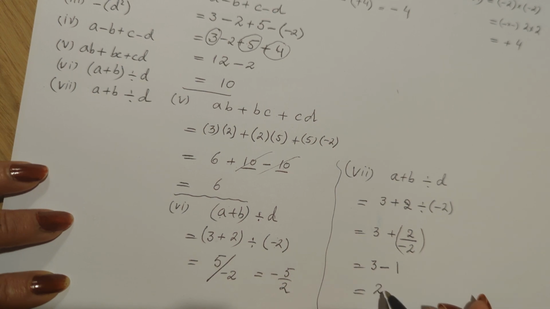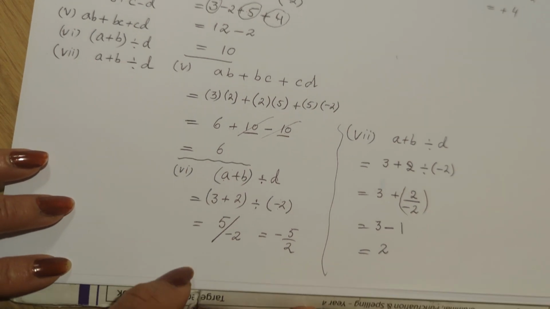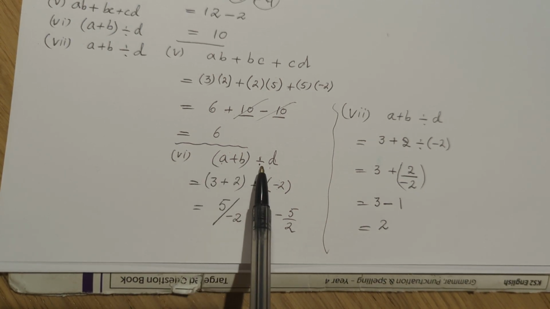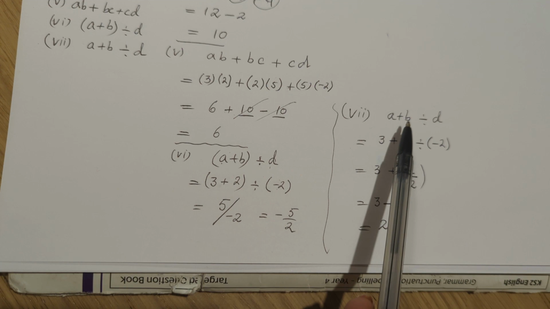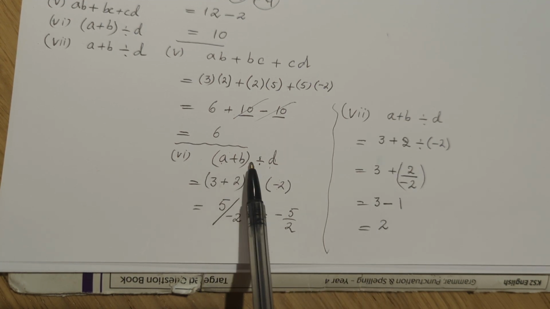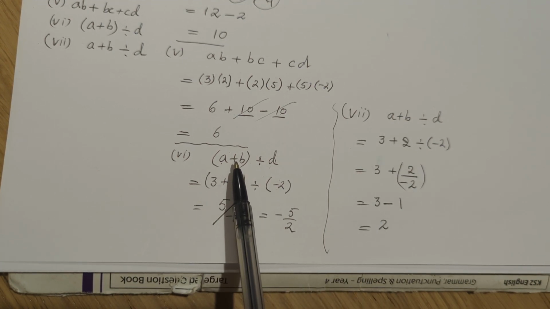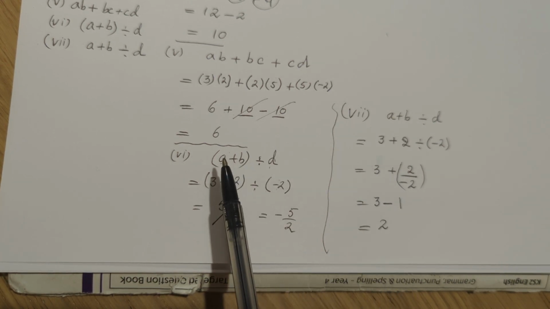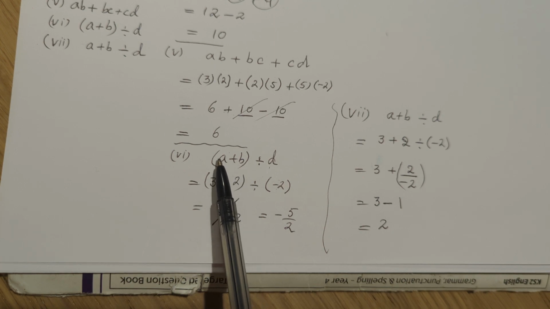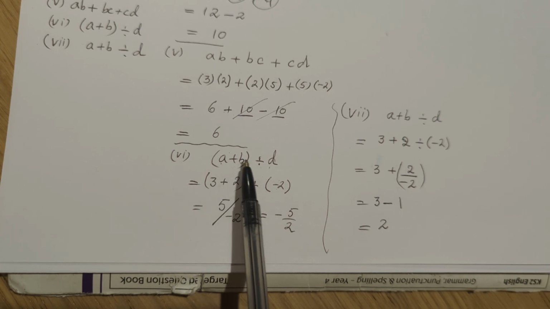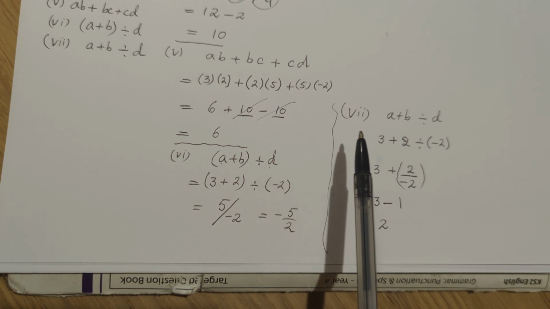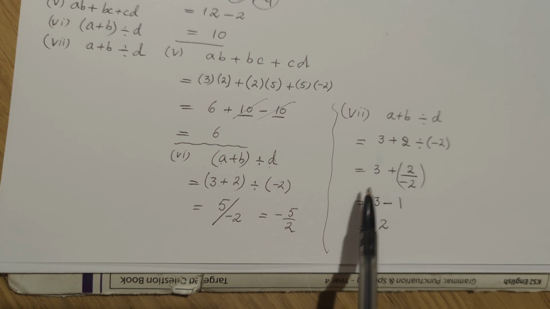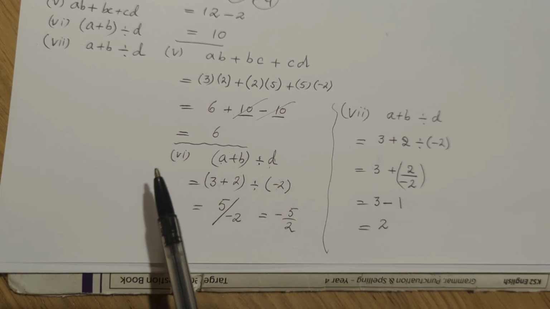The answer will be 2 here. So these two, you can see they look like they are the same, but the brackets will give you a different answer. Here a plus b is inside the parentheses or brackets, but here there are no brackets or parentheses. A plus b in brackets means the answer of a plus b, the whole a plus b is divided by d. But here you can see a plus b, and b is divided by d. So you can see the answer will be different.